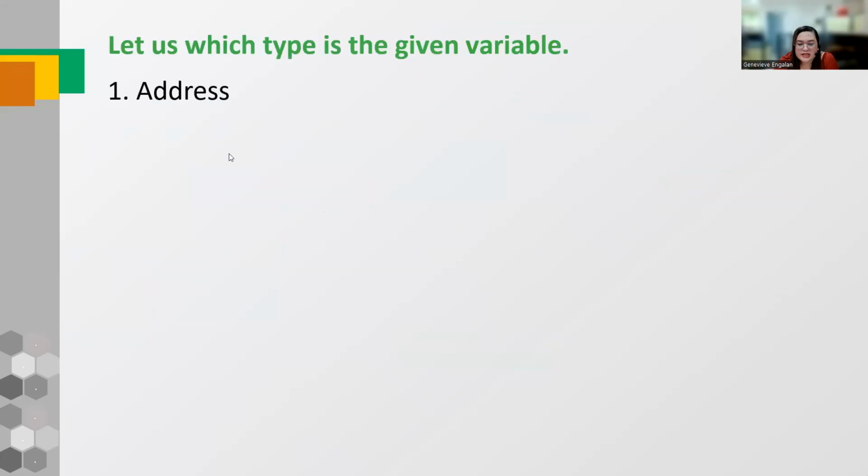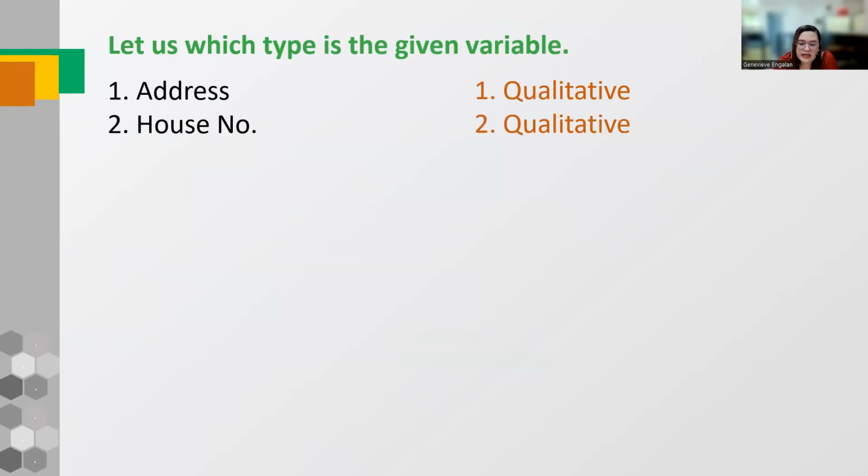Okay, so let us identify which type is the given variable. We have the address. What is this address? Quantitative or qualitative? This is qualitative. Okay, we have house number. Quali, quanti. Still quali. Though it is a number, it is like a code, no?